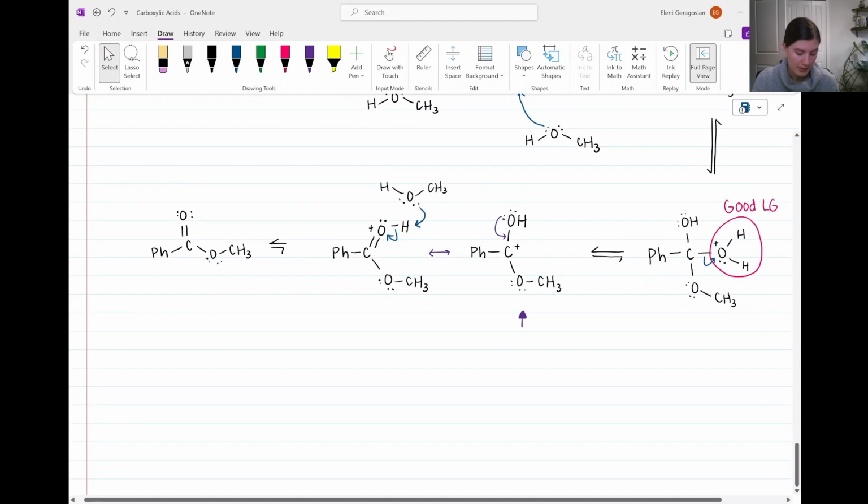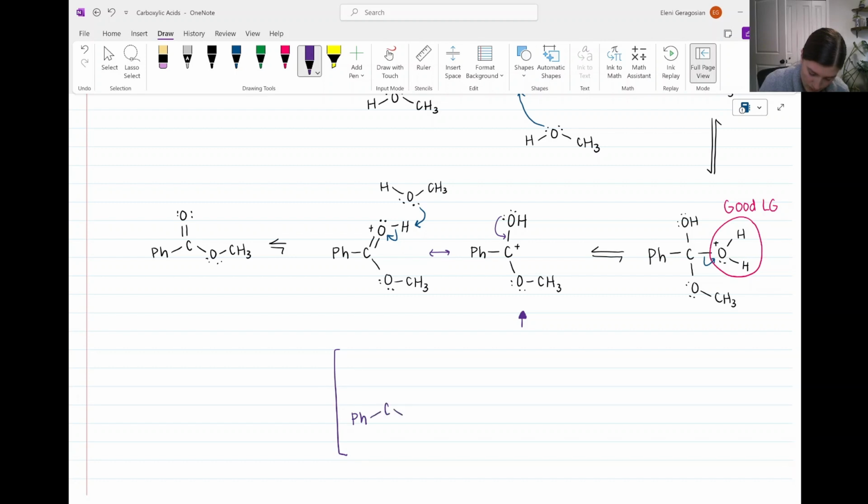So if we start with our open shell carbon, we have a positively charged carbon.